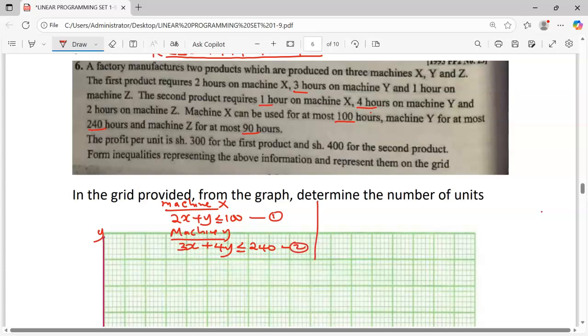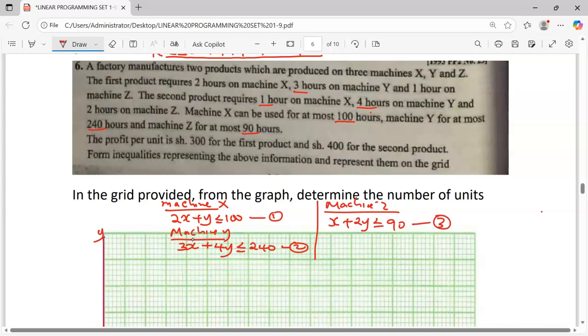Having done that, we again move to machine Z. The first product requires 1 hour on machine Z, and the second product requires 2 hours on the same machine Z, and therefore we are going to have x plus 2y, less or equal to 90, since machine Z can be used for at most 90 hours, as the third inequality.